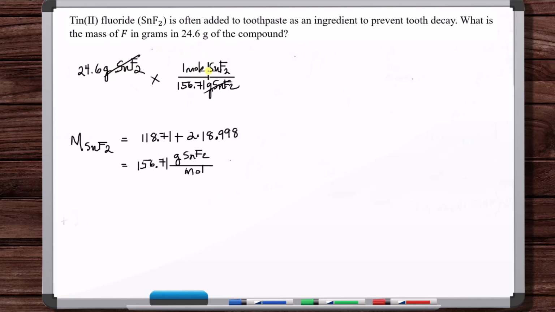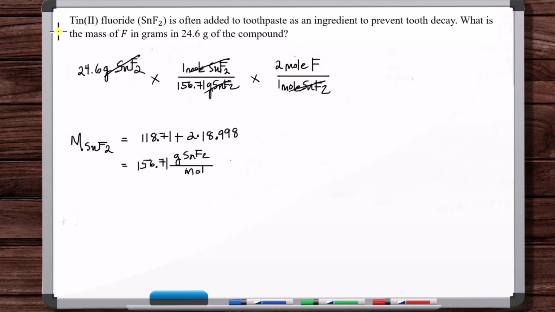So think about what I just said about the dozen. If we had a dozen SnF2s, we can just say, okay, we want to get to moles of fluorine. So looking at this compound, for every 1 mole of SnF2, and put moles of SnF2 in the denominator, you've got 2 moles of fluorine. All right, so now we're in moles of fluorine.